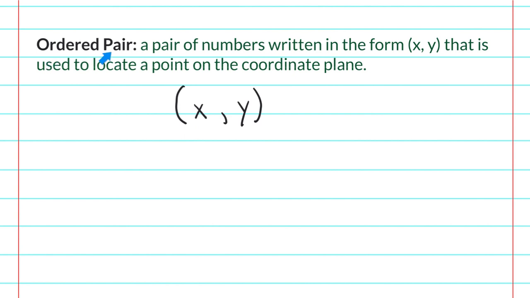An ordered pair is a pair of numbers written in the form x, comma, y that is used to locate a point on the coordinate plane. So it's going to be like this. You're going to have parentheses and a comma in between. X, this stands for what the x value is going to be.